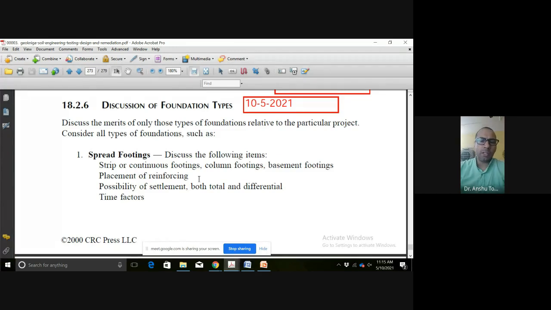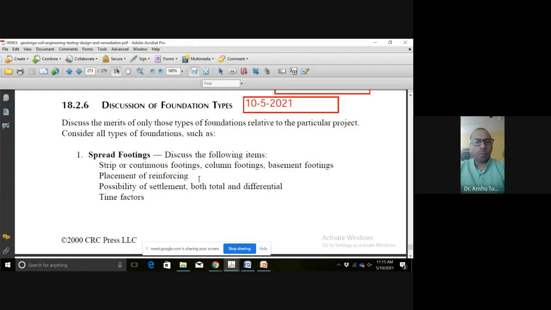At some places, you require only an isolated footing because the other column is quite far away in the building. But it is not possible that you are going to propose an isolated footing as well as a raft footing, or an isolated footing with a raft supported on pile footing.